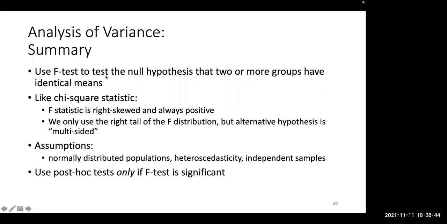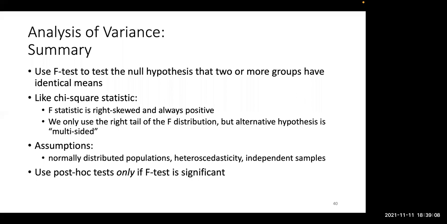Okay. So the F-test tests the null hypothesis that two or more groups have identical means. It's treated like a right-skewed chi-square statistic, always positive F. And only if it exceeds the critical value from the F-score table, you will assume the null hypothesis to be rejected.